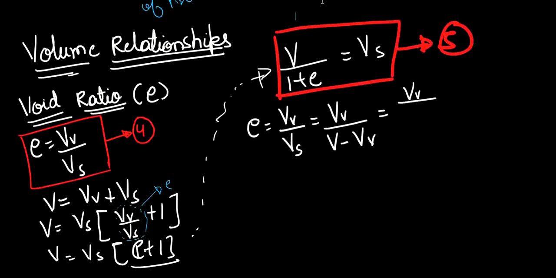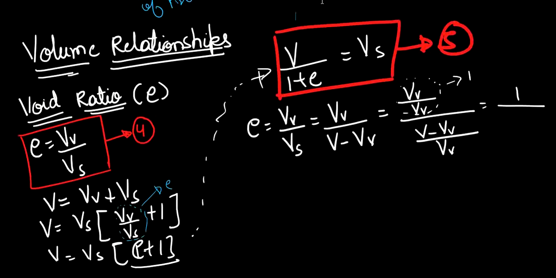So here is what I will get, Vv upon Vv upon V minus Vv upon Vv. This will become 1, so 1 upon, now I expand this, V upon Vv minus Vv upon Vv, which also becomes 1.